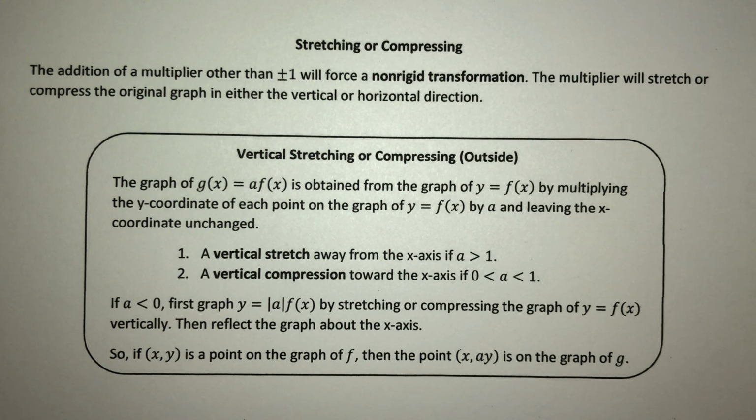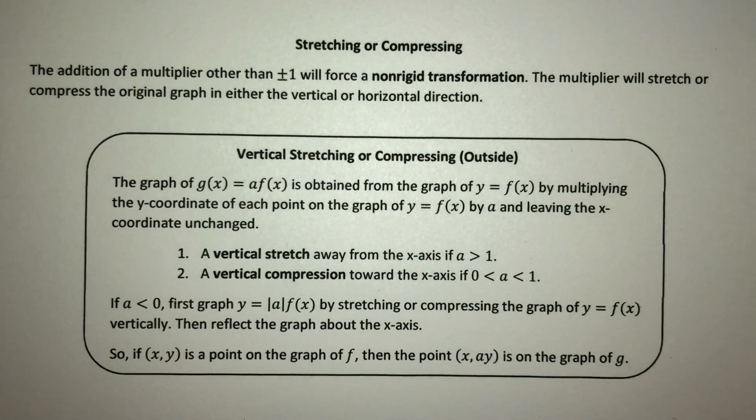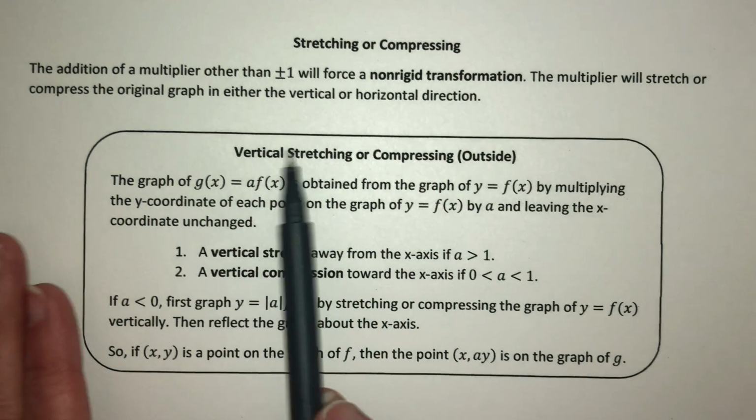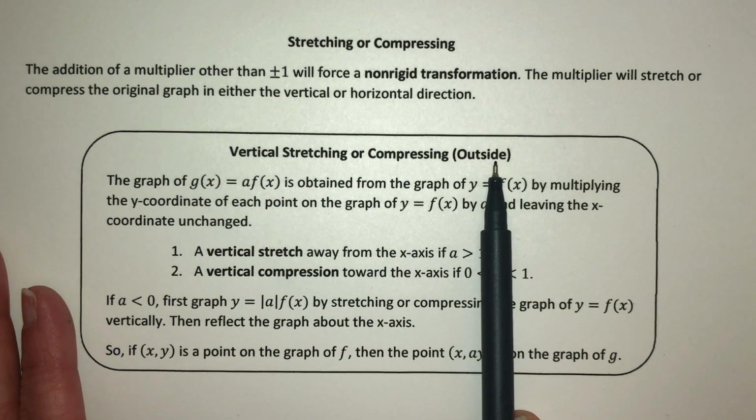Okay, and if the number in front is anything other than 1 or negative 1, you're going to have some sort of stretching or compressing, whether it's vertically or horizontally. And this is a non-rigid transformation because we do change that. Notice again that the vertical is outside.